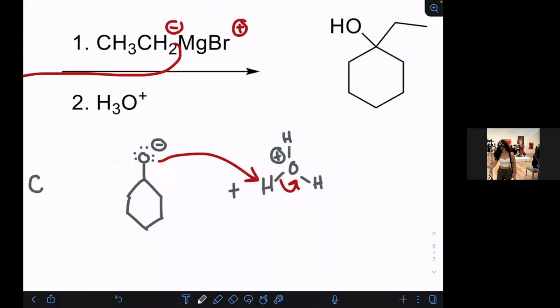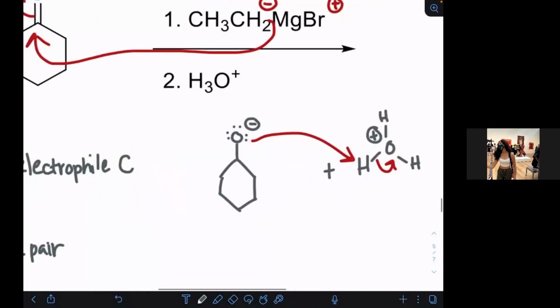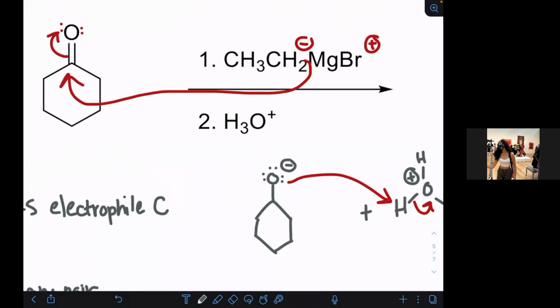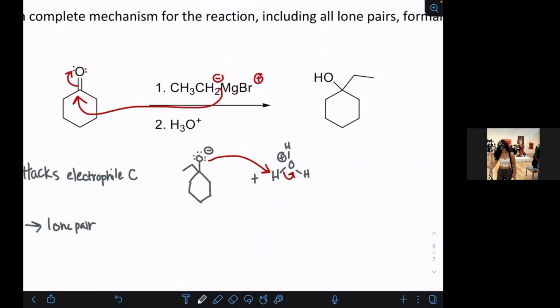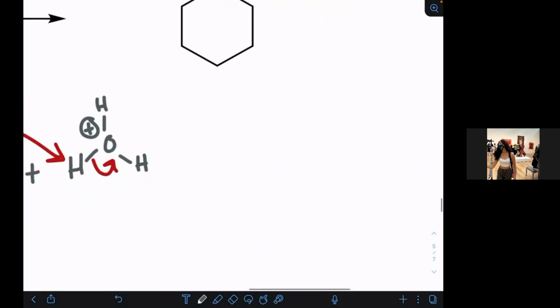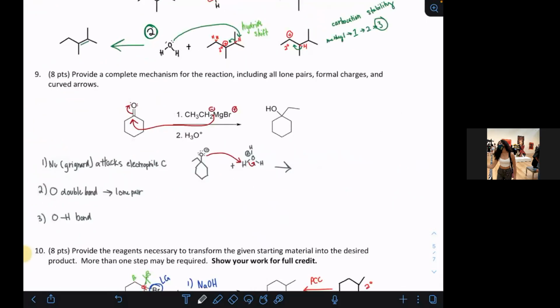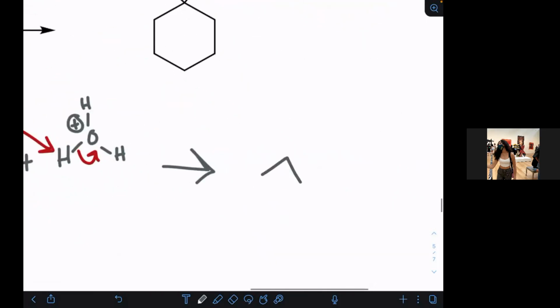Oh, sorry. And then I didn't show you add the CH3, CH2 right here. So that's an ethyl or whatever. And that one turns into, yeah, and then that just gives the final product.